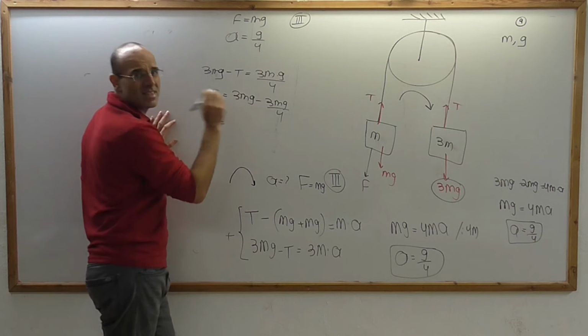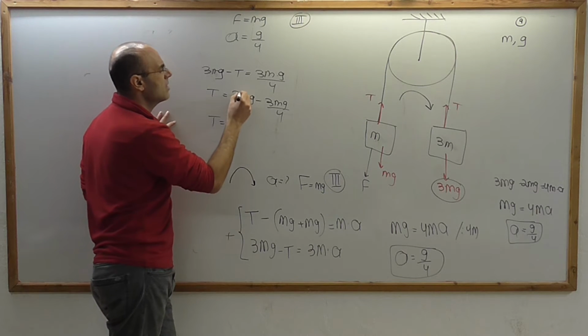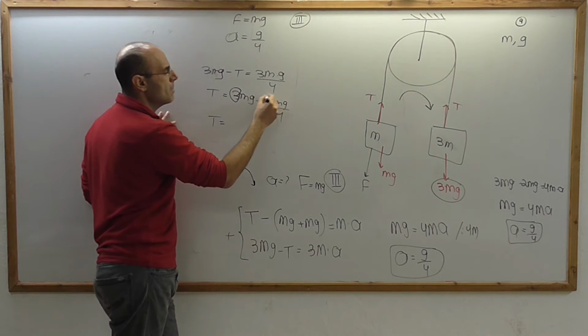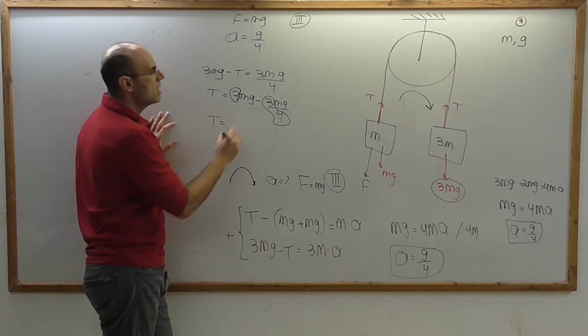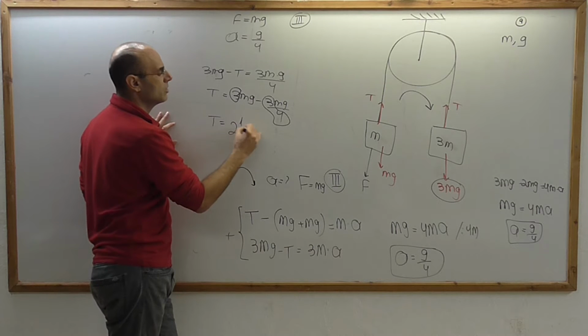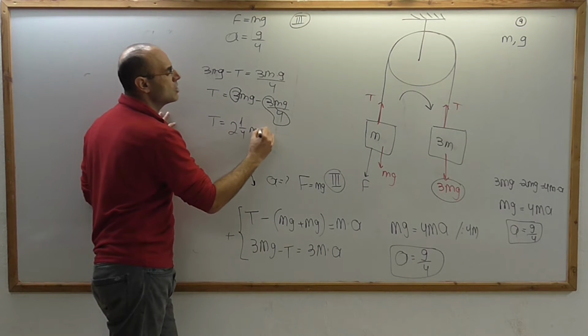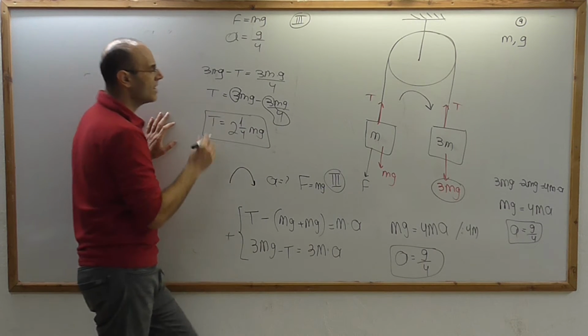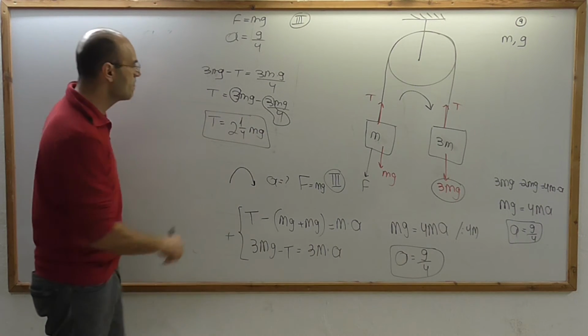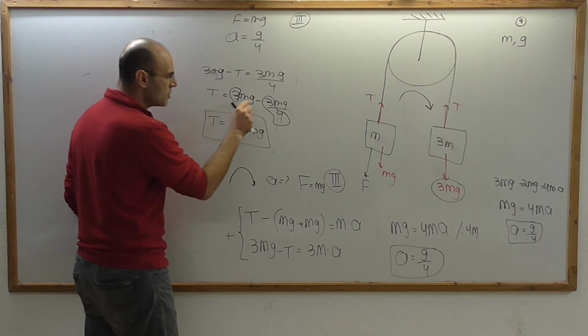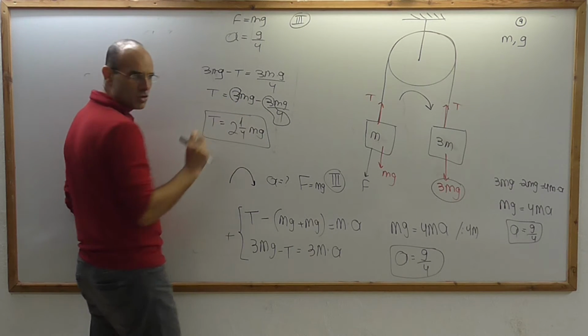Just look at the coefficients. 3 minus 3/4 is 2 1/4, and just add the mg. This is the way to find it without doing the whole routine calculation. Just use the coefficient, that minus that, and add the mg.